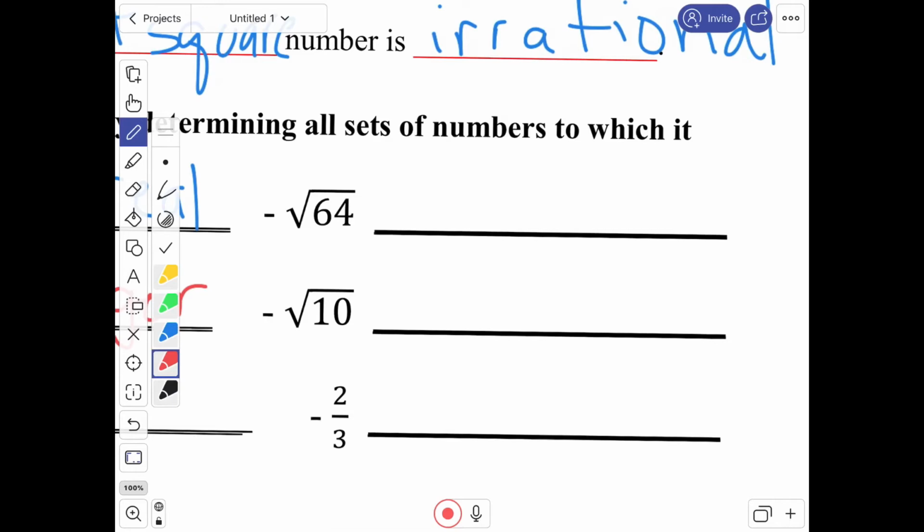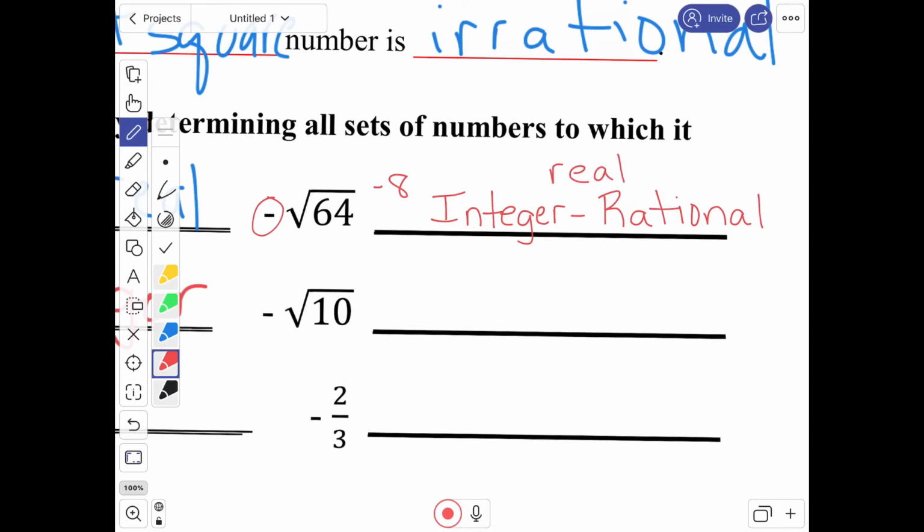Next one, negative square root of 64. Square root of 64 is 8. And that would be a negative sign on the outside, so it's -8. That makes it not a whole number, because whole numbers are only positive. So it's an integer. And if it's an integer, then it's also a rational.